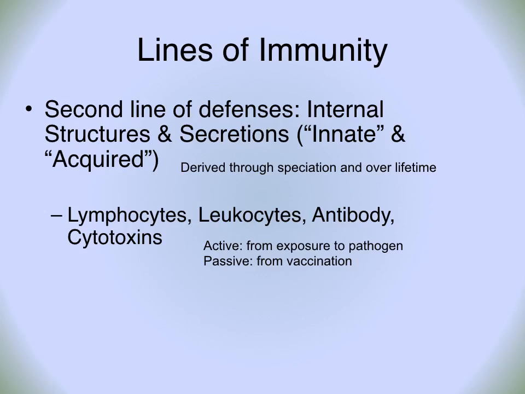Innate acquired immunity is things that get passed to us due to previous generations' exposures to pathogens, whereas the acquired form of secondary lines of defense is where lymphocytes, quote unquote, learn how to go about, quote unquote, attacking any type of non-self antigen.